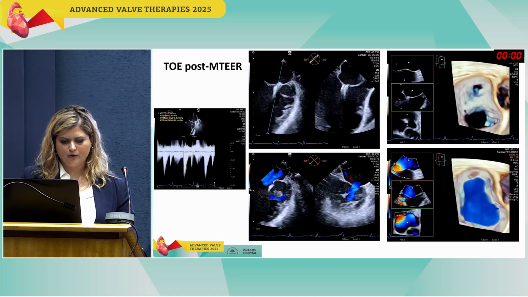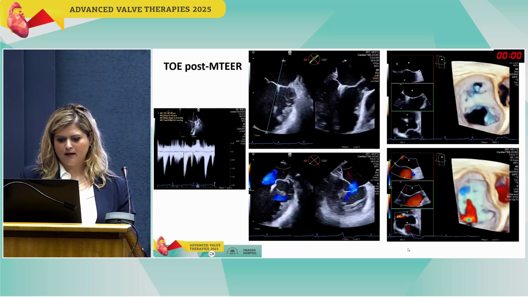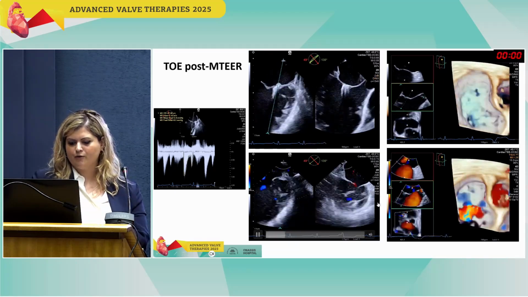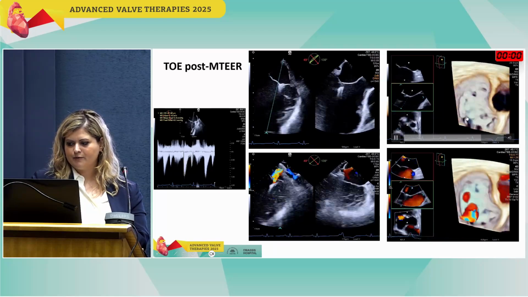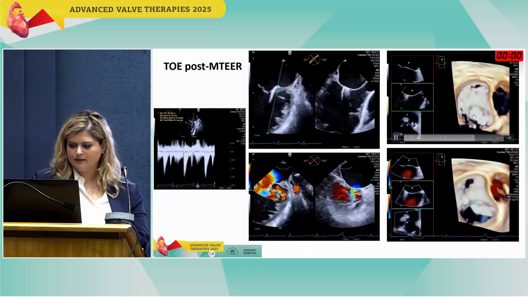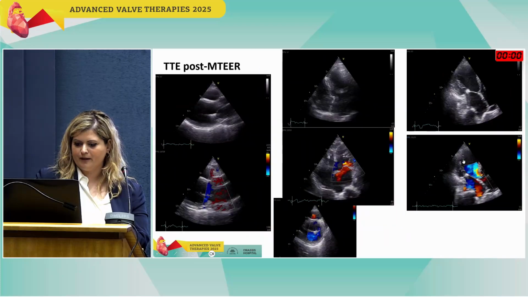That's the result. We had a residual MR of 1 to 2. As you see, the MR comes from this area. We have the indentation, and we decided to leave this MR for the patient.